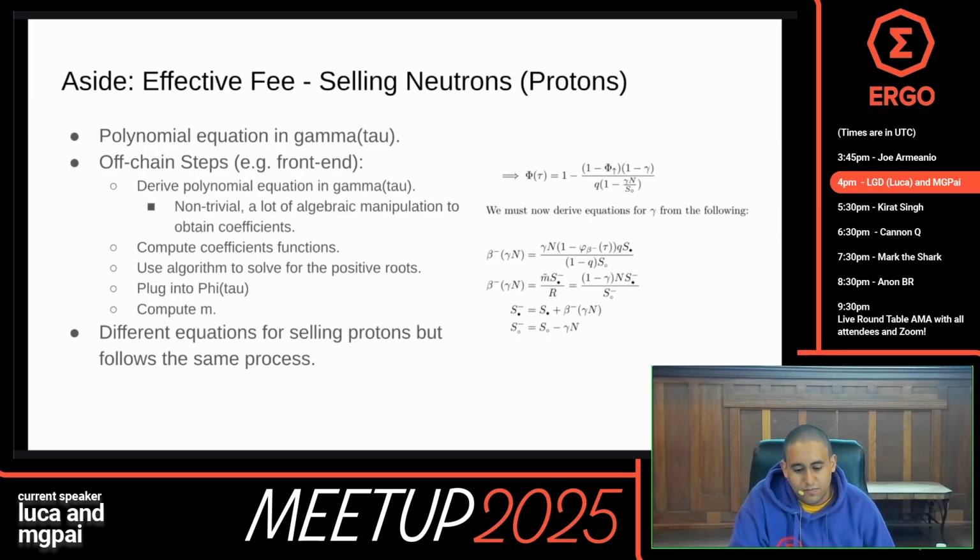So in this case, our polynomial is about finding this value of gamma. And then once you find it, you can figure out what the effective fee is, and then how much erg you can get if you want to sell your stable coins. And yeah, the process is similar for selling just protons.